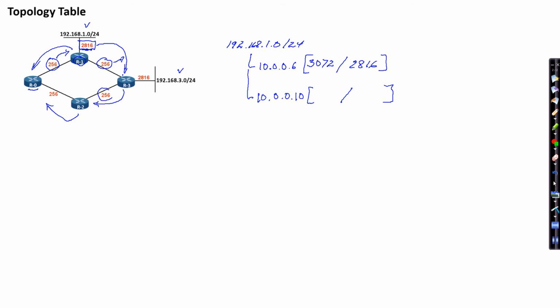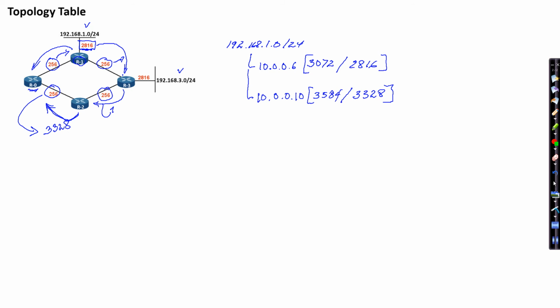Router 2 then takes this 256 and adds it to that 3072. Then finally advertises to router 0: my total cost is 3328. So that number goes here. Router 0 will then add this 256 to that number, and the final number is 3584.